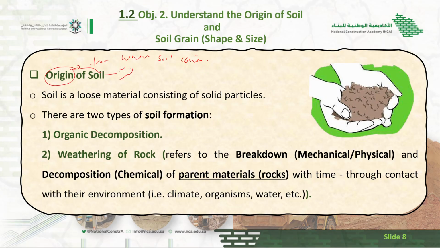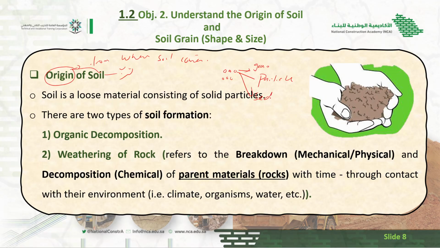Soil is a loose material consisting of solid particles. What is meant by loose material? Loose materials like these particles. Pay attention, this one particle is sometimes called a grain.